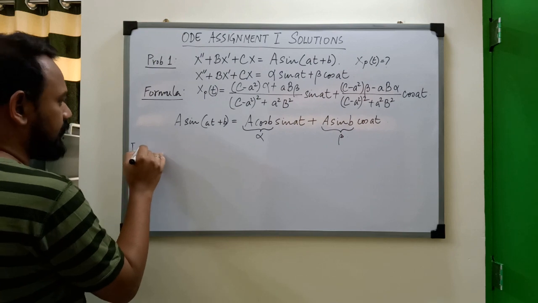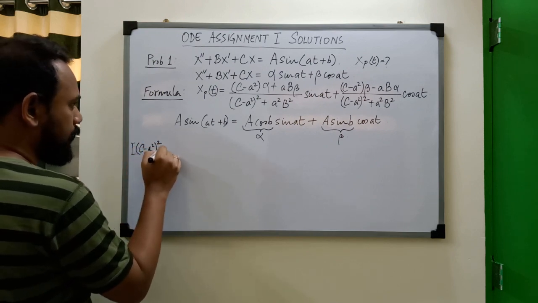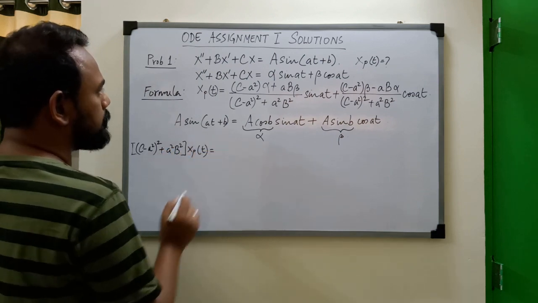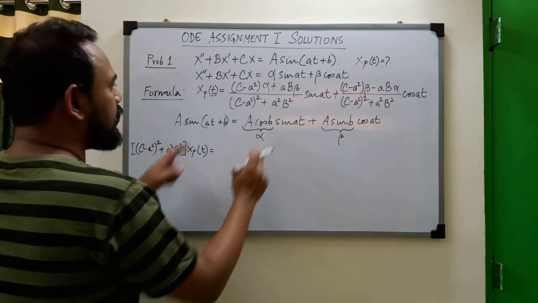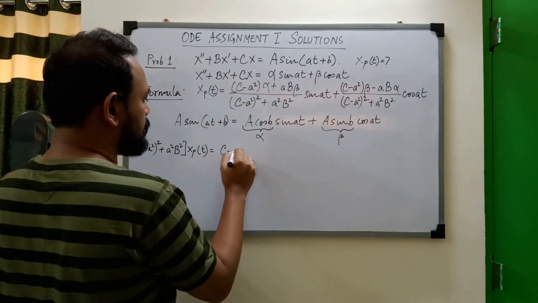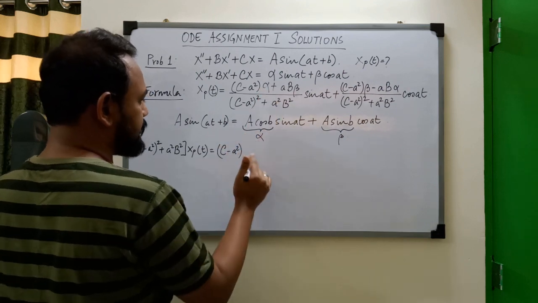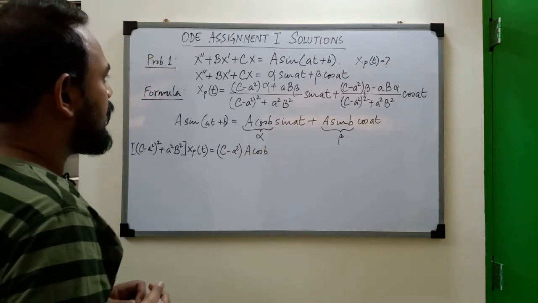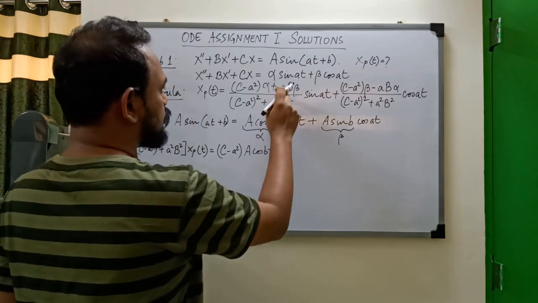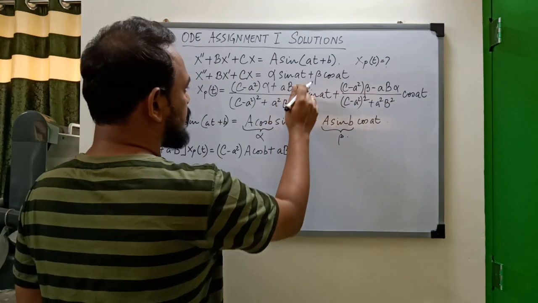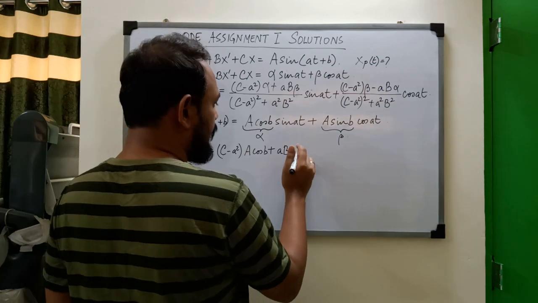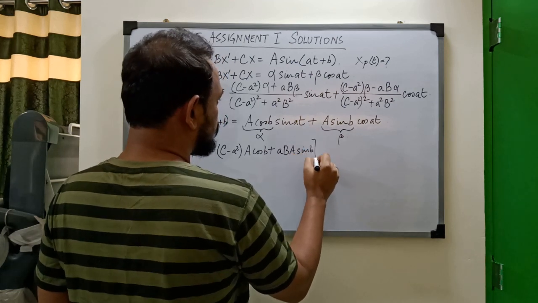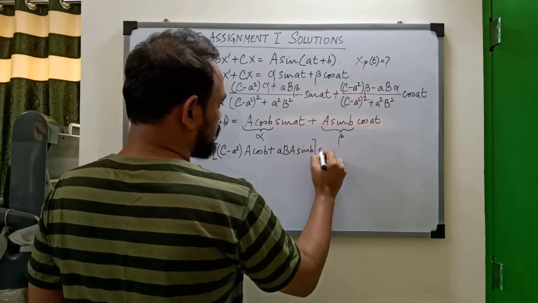So what I have is (capital C minus a square) whole square plus a square capital B square, times y particular, equal to this thing, where I will put C minus a square times alpha, which is capital A cosine b, plus small a capital B times beta, which is capital A sine b. This whole thing goes with sine at.